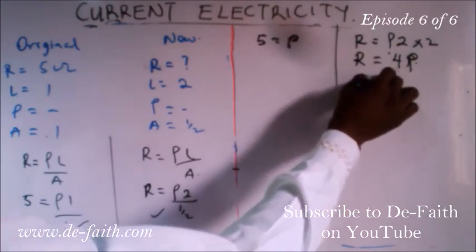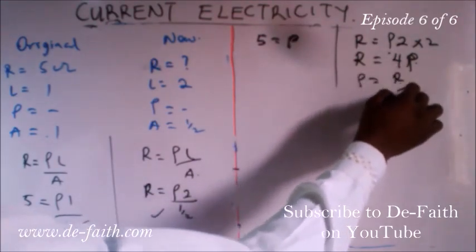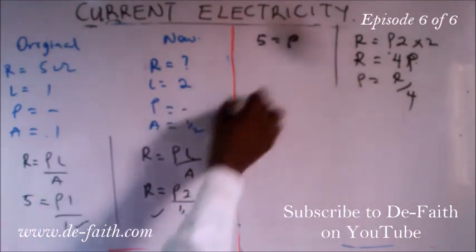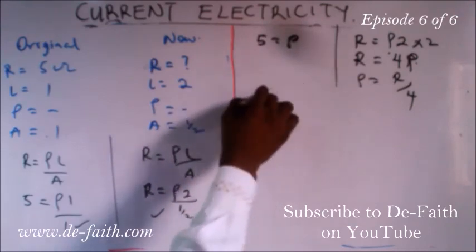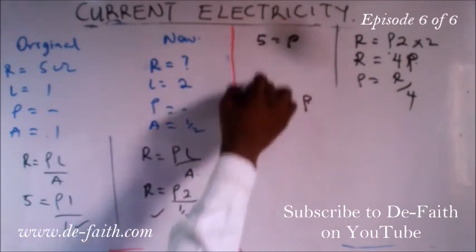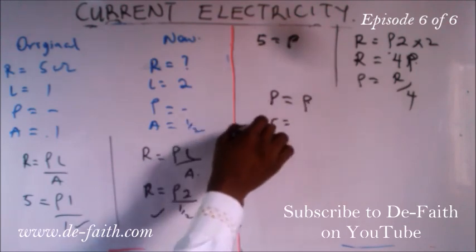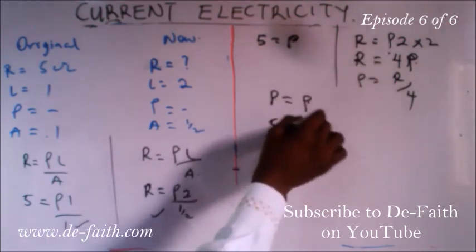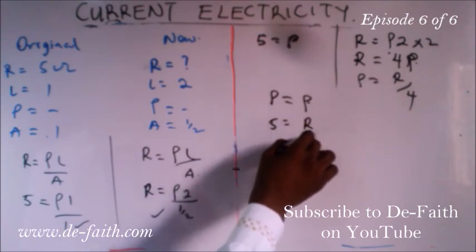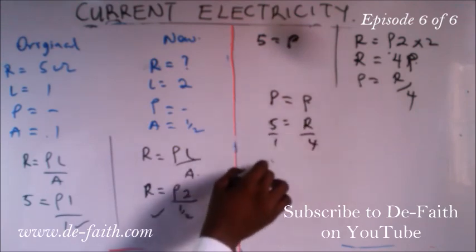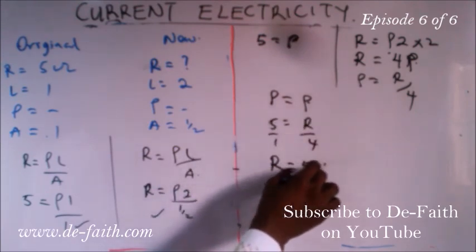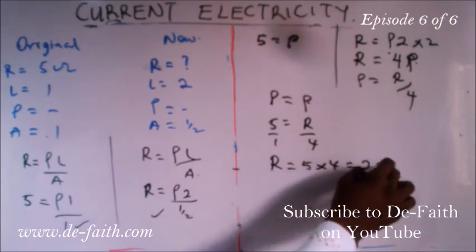That will be rho equal to R over 4. Since the rho are the same, that is, they are constant, we can equate them. So rho here is 5, and the resistivity over here is R over 4. So what is the value of our R? R equal to 5 multiplied by 4, and that is 20 ohms.